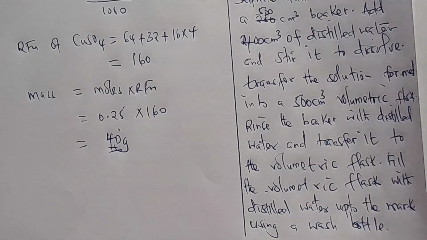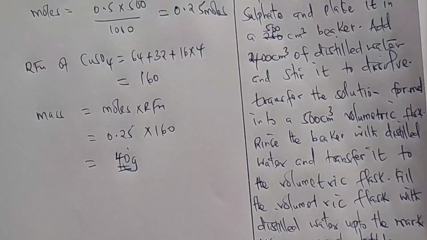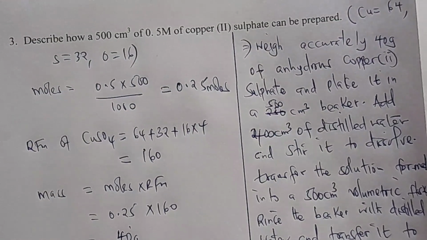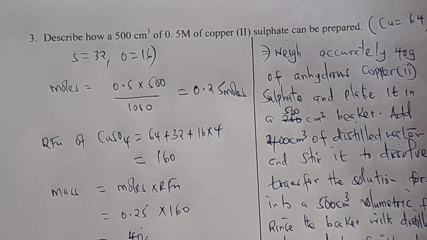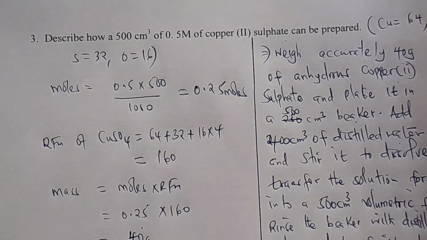So you are done with your question, which you are told: describe how a 500 centimeter cube of 0.5 mole, or molar, of copper 2 sulfate can be prepared.